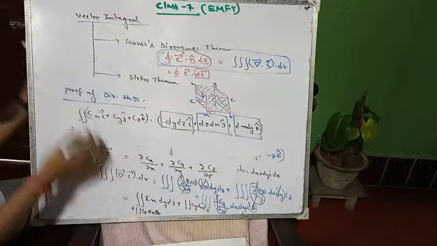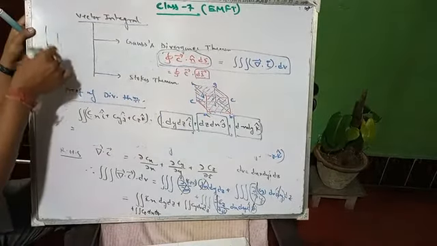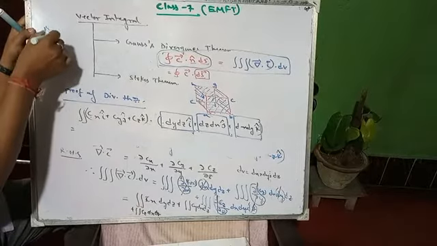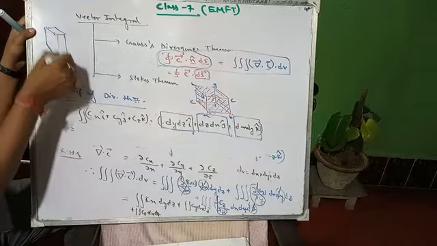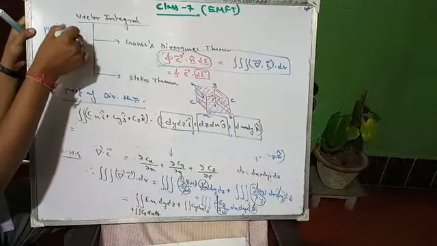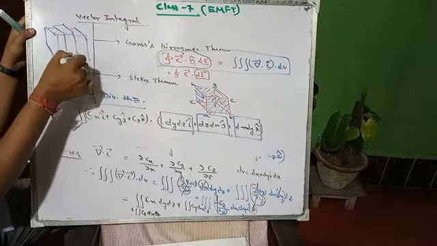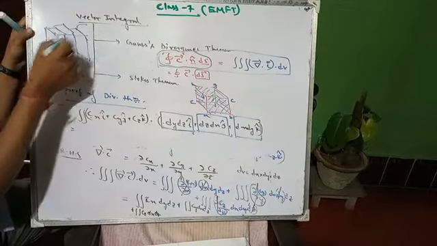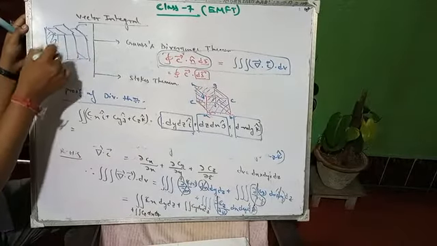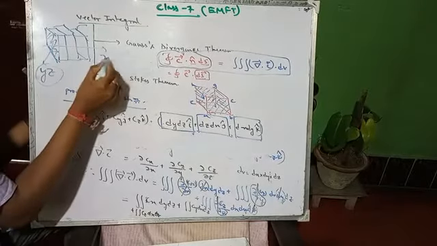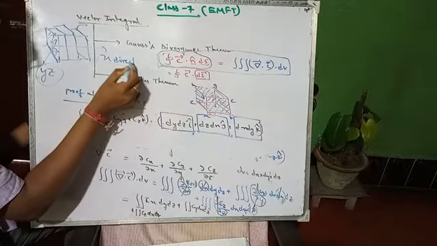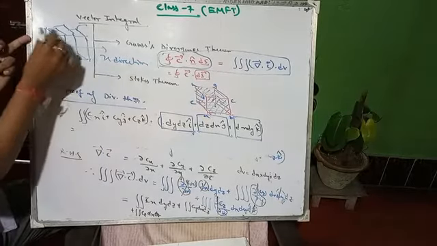Last day I discussed that if we consider a bookshelf with many books on it, first book, second book, third book, fourth book, suppose this surface is the yz surface and it is increasing in the x direction, as the number of books increases.